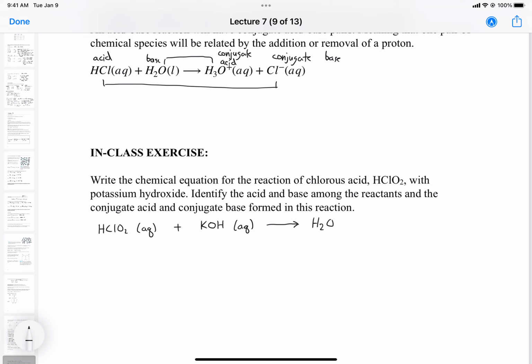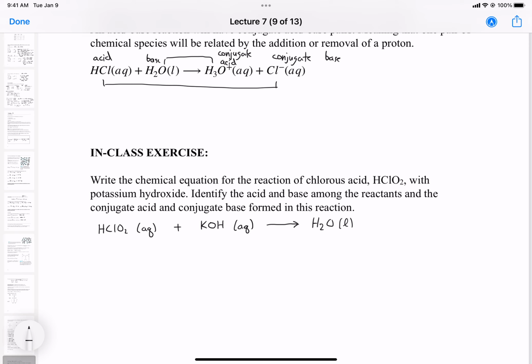Remember, we have a strong base here, so a strong base and a weak acid. So typically they will react in a neutralization reaction. Usually in this case we have a strong acid and a weak base, or a strong base and a weak acid reacting, or the converse of that.